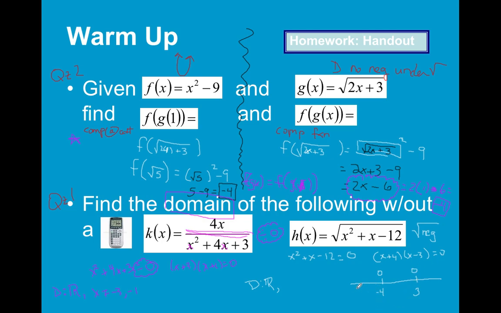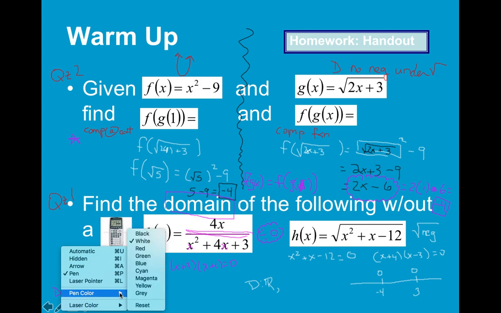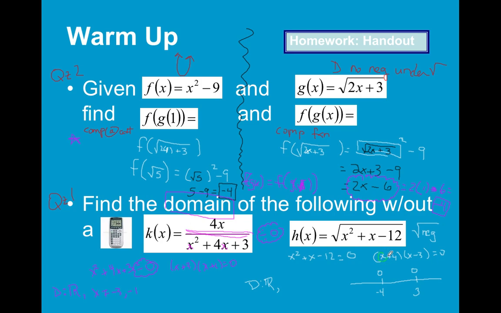So then I test a number below 0, like -5, and I say to myself, what if this x was -5? -5 plus 4 is negative. This x has to also then be -5. -5 minus 8 is also negative, and a negative times a negative is a positive.